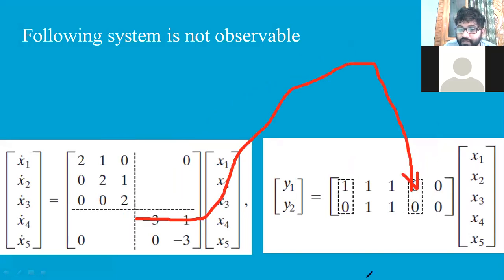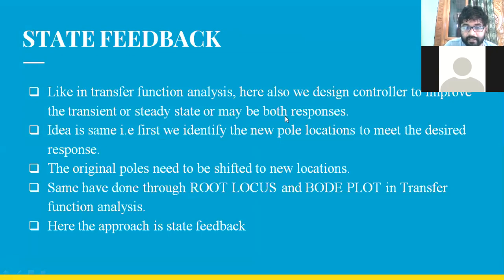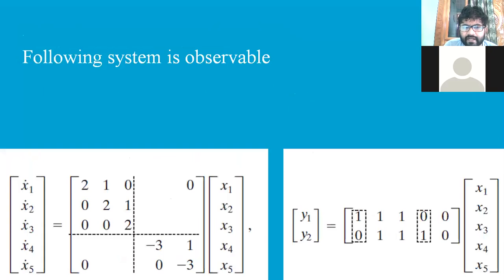This is having zeros. So it means the system is unobservable. So very easy. The only thing is you should first know what Jordan representation is. You should have a clear idea of it. This is in your syllabus.